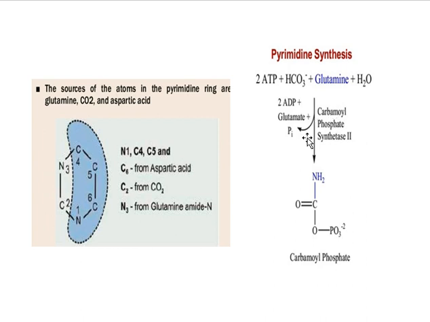This reaction is completed in 2 steps. In first step, carbamate is formed, and then the carbamate is phosphorylated to carbamoyl phosphate.